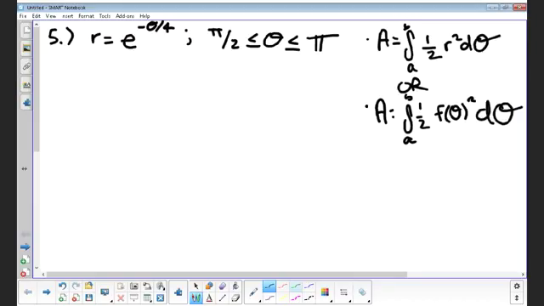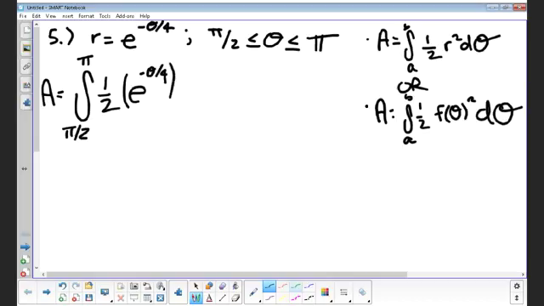We have our polar equation, r is equal to e to the minus theta over 4. So we can just plug that straight into our first area equation. We'll have the area under the curve is equal to the integral from pi over 2 to pi of 1/2 times e to the minus theta over 4 squared d theta.